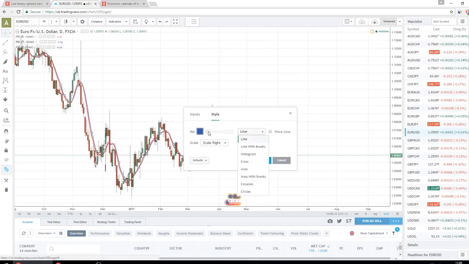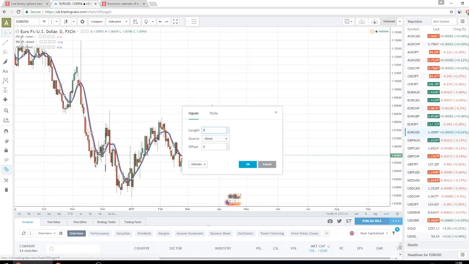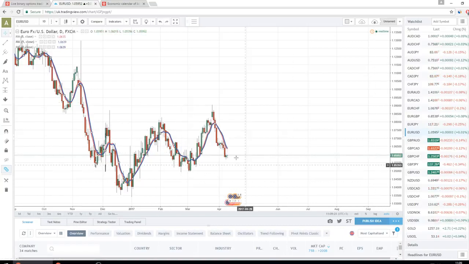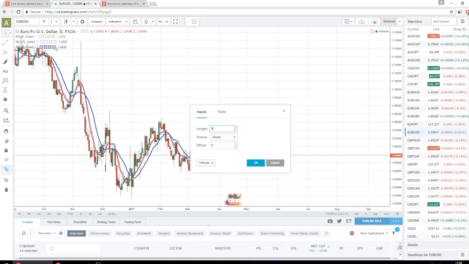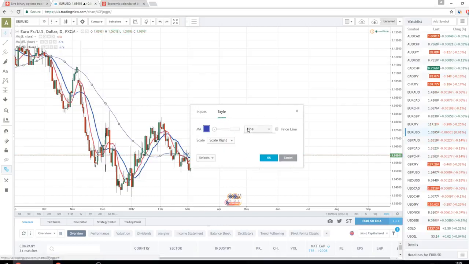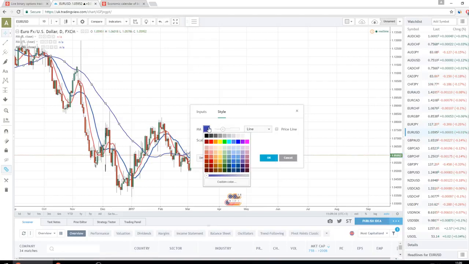Here we'll make a blue one with 15, and the last one, let's put 50 and make it green or violet.